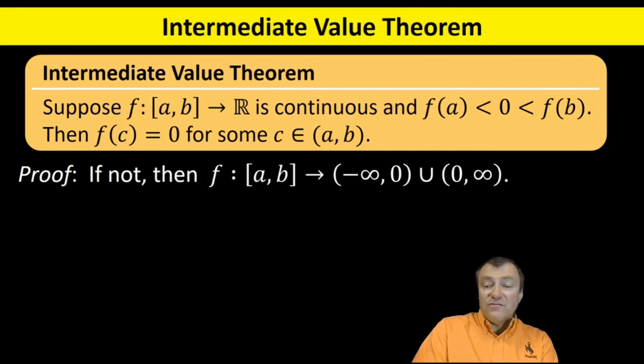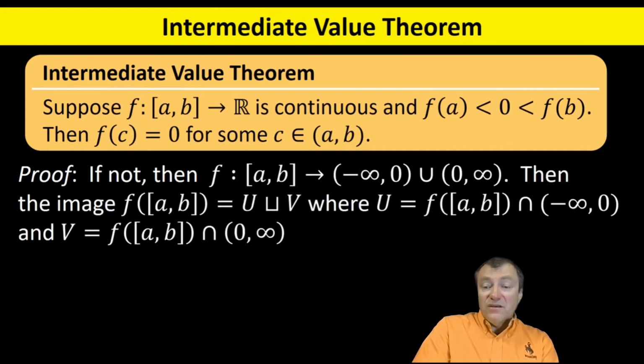Suppose that the function f is never 0, so that means that f(x) has values in the negatives union the positives, which is excluding 0. That is, f gives a continuous function from the closed interval [a, b] to the union of the negative reals and the positive reals.